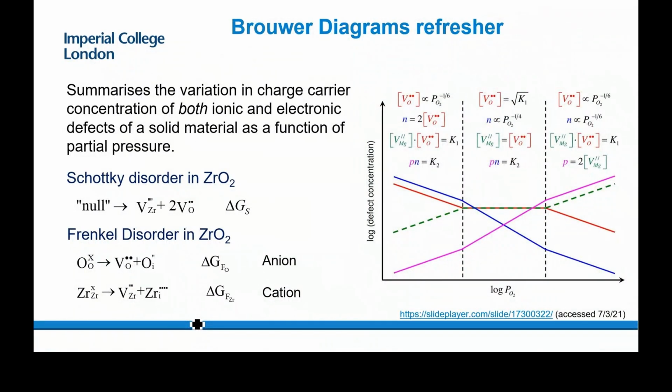So this area here, that's the charge carriers that are dominating. Over here you've now got an electronic domination because you have these PO2 dependencies. So you can then start to figure out, by measuring as a function of PO2, what your dominant charge carrying species is. Is it a pure ionic conductor? Is it a mixed conductor? Is it an electronic conductor? And is it a hole transport mechanism or an electron transport mechanism?